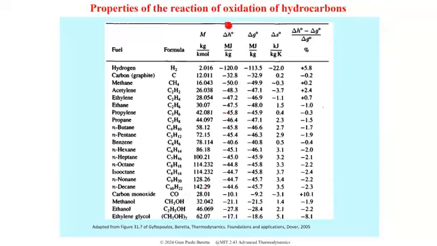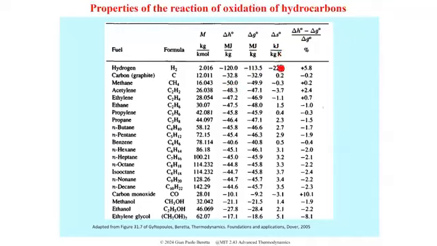And you see that the enthalpy of reaction, except for hydrogen, which is much higher, or for carbon, which is lower, in terms of megajoules per kilogram, the others are all in the range between 44 and 48, more or less, 50 for methane.